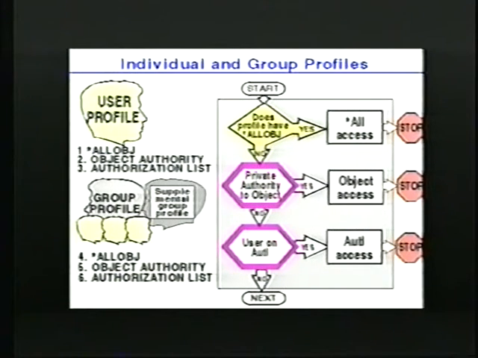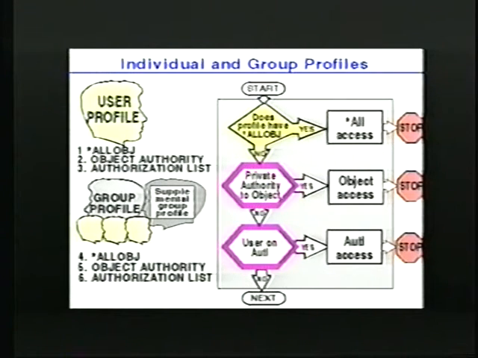If you don't find any authority for the user, you fall through, and if the user has a group profile, it's going to ask the same questions about the group profile. Does the group profile have all object authority? Is the profile authorized to the object, or is the user profile on the authorization list? If the user has multiple group profiles, then it will go on and check all of the supplemental group profiles to determine what the user's access is.